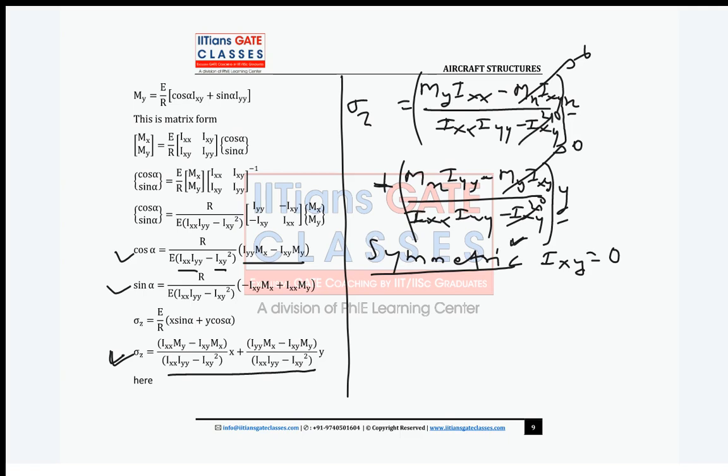This Ixx will get cancelled. This Iyy will get cancelled. So your sigma z will come as My upon Iyy into x plus Mx upon Ixx into y. Am I correct? So this is what we know, right? For complex bending or compound bending. We have discussed this, yes or no, guys?